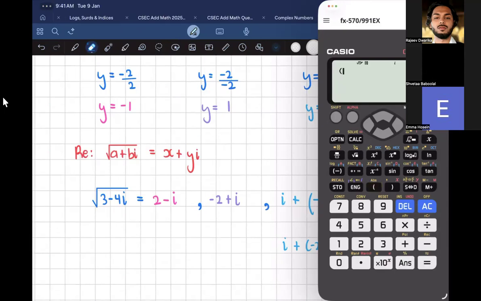You've got to make sure you calculate it in complex mode. 2 minus i squared. So when I press equal straight, what am I supposed to get? Wait, complex mode is Menu, comp? Press Menu, then 2. When the mode is on, you should see a little i on top.